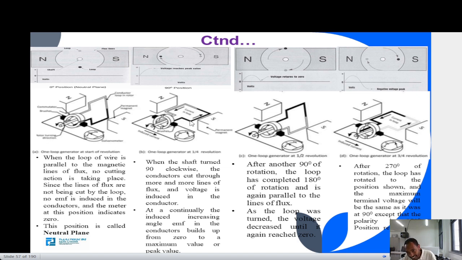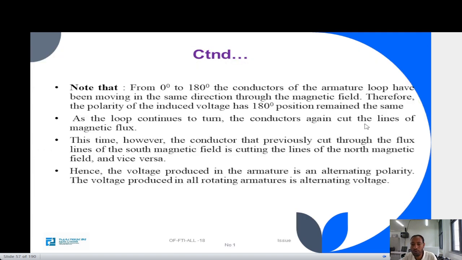After 90 degrees, the black side is going to turn to the north side. At that time, the direction of the current is going to change. See, in this case it was like this. Now when it is on the north side, it is going to be reversed.